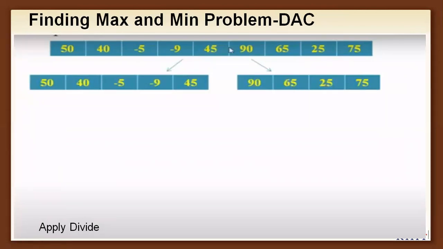Here, the size of the array is 9. The array of size 9 is reduced to 5 here and 4 here. Now again we can consider this a complex problem, and again we can apply the division method.